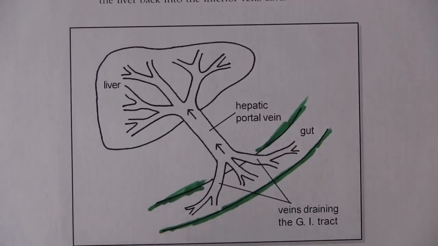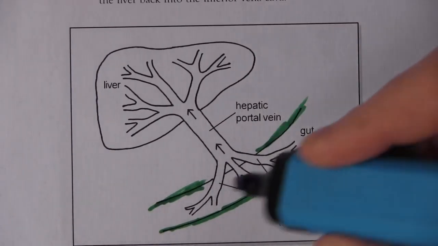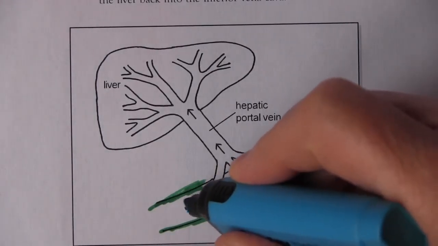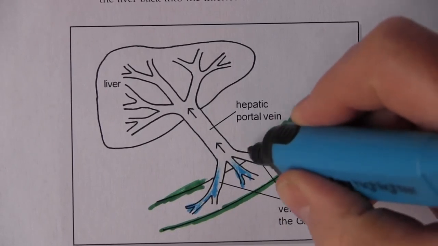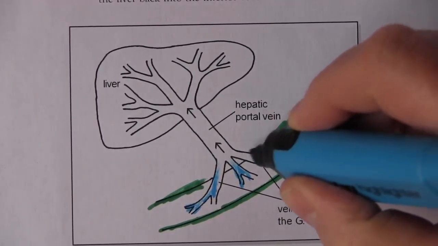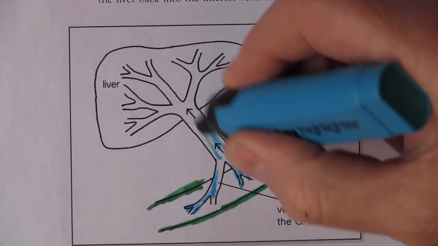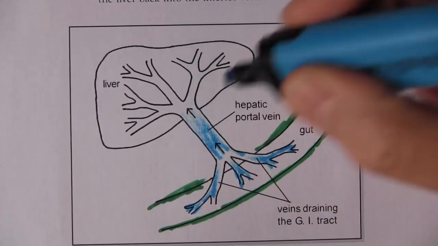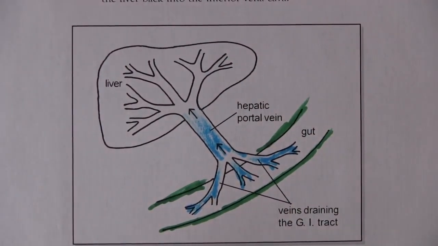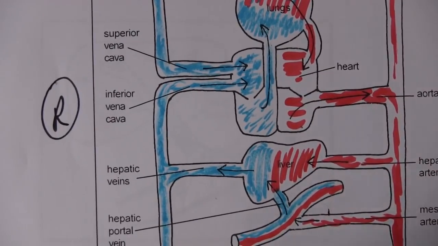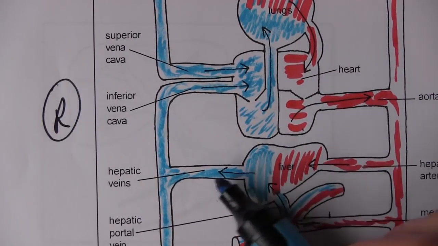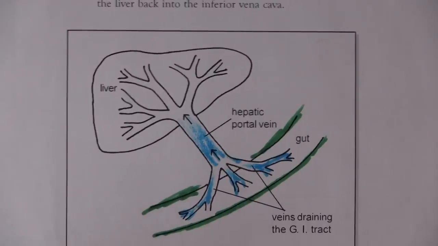Now, the blood that's draining the gut is collected in all these little capillaries, these small veins here, draining the gastrointestinal tract. And that blood all goes back to the hepatic portal vein. And that means the blood can go through the liver before it drains back into the larger systemic veins.